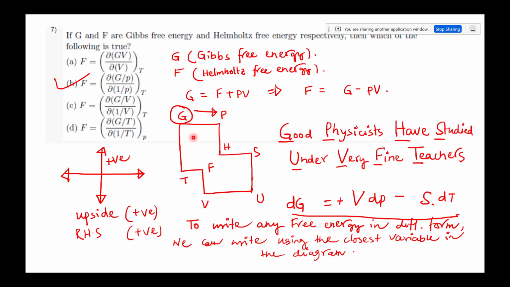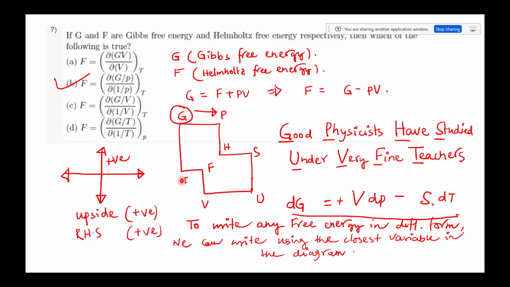And if you want to write the differential of these free energies, G, H, U, F, the differential of G, that is dG, can be written in terms of the differential of its neighbor thermodynamic variables. What are G's neighbor variables?